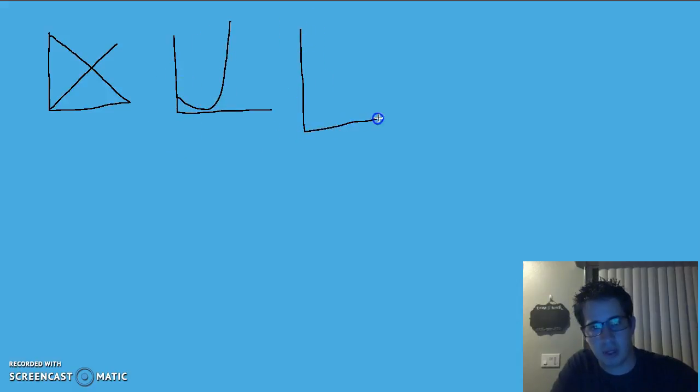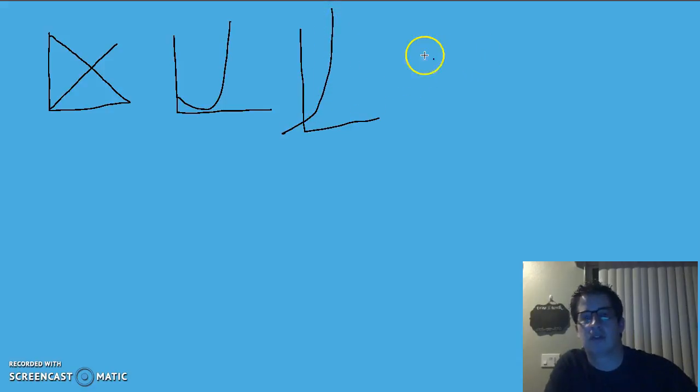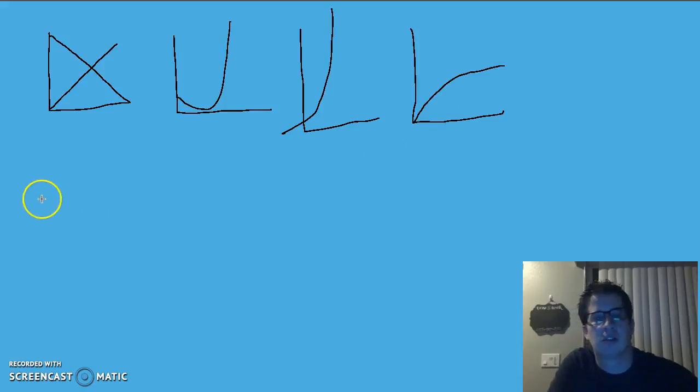You could have something that is a power function. You could have something that is a square root function. You could have something that is an inverse function.